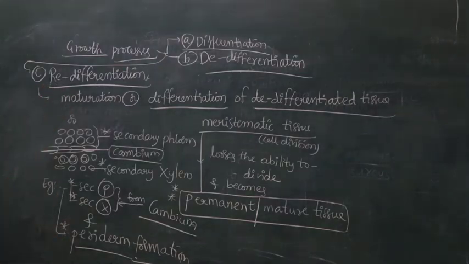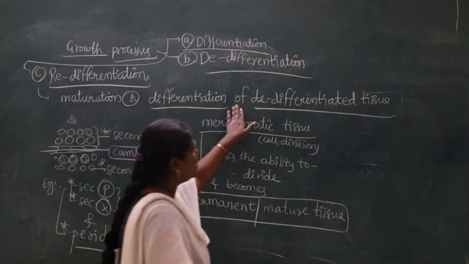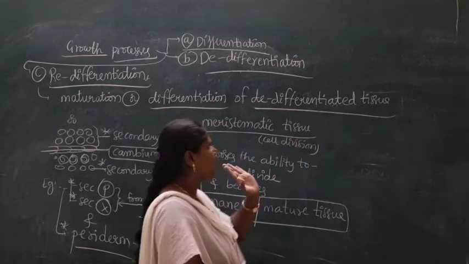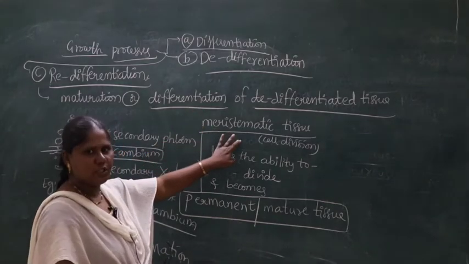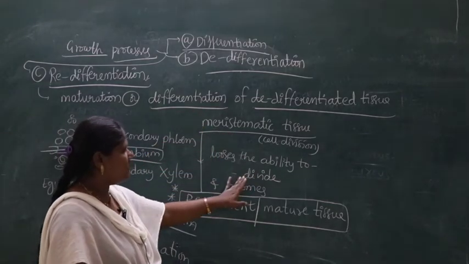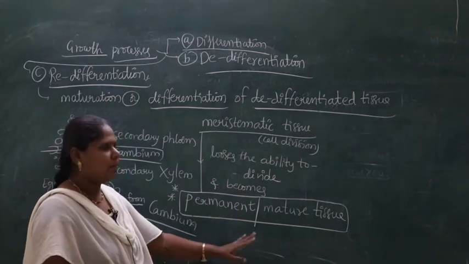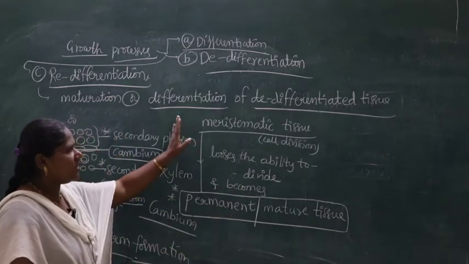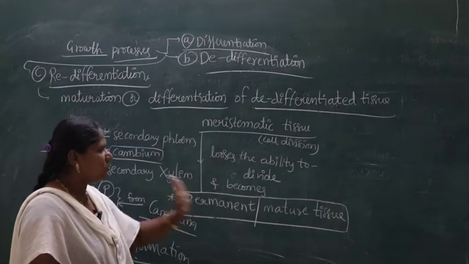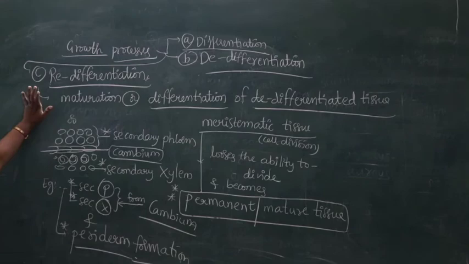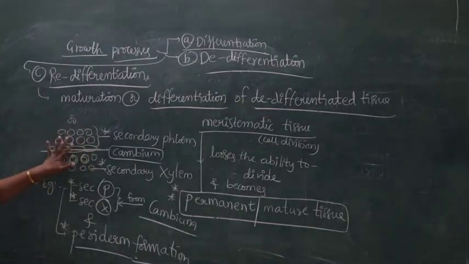Now, this will come under re-differentiation. I repeat, what is re-differentiation? Maturation or differentiation of de-differentiated tissue. Meristematic tissue undergoes cell division, loses the ability to divide and becomes permanent or mature tissue. When meristematic tissue once again loses the ability, a second time converts into permanent or mature tissue, this is called re-differentiation. What is the example? Cambium dividing actively. These all are meristematic cells produced here.